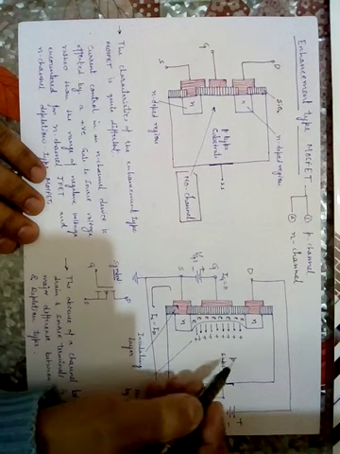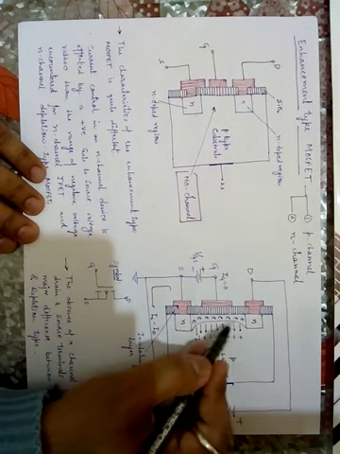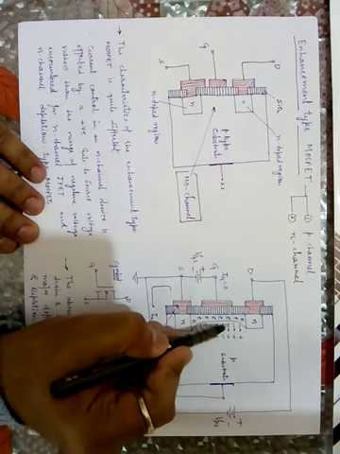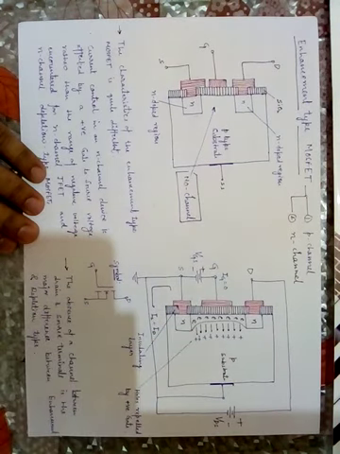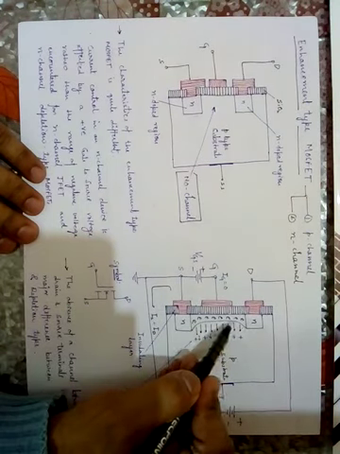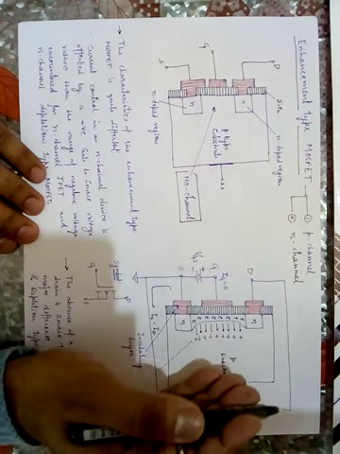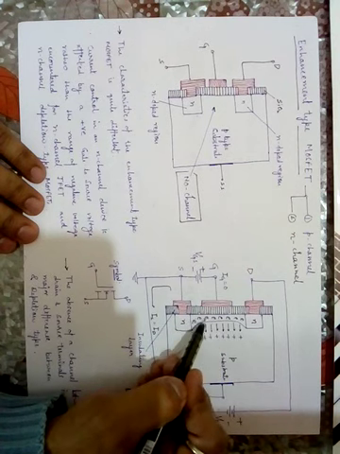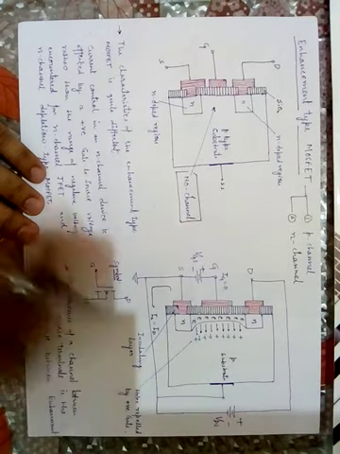And we know that in the P substrate, electrons exist as minority carriers. And all the holes will go out; it will repel all the holes. Why have I created this? Because when I apply a positive voltage, all the electrons will come here to the left side and create a channel between drain and source.